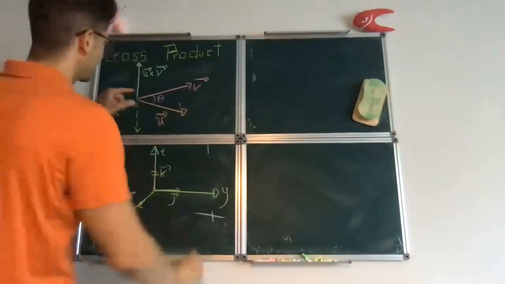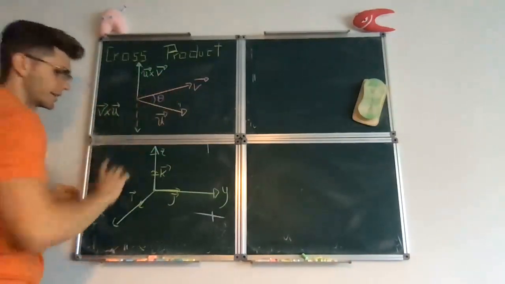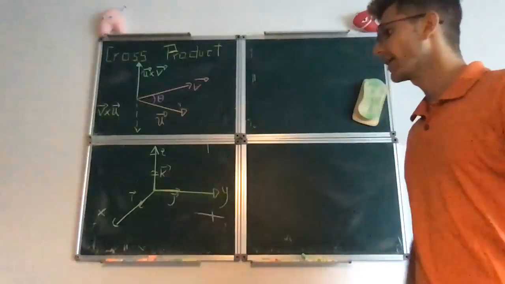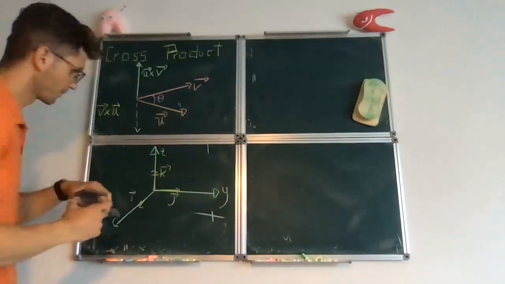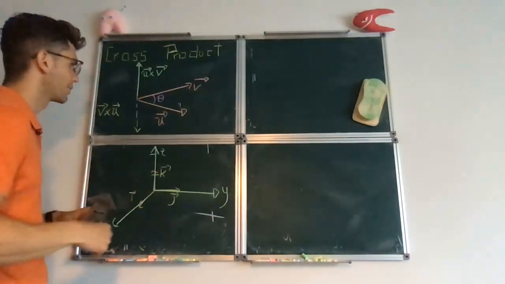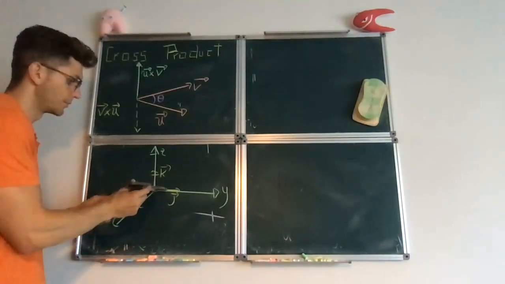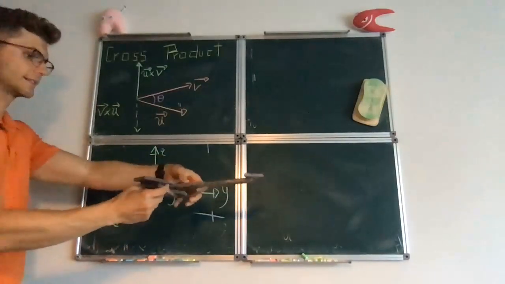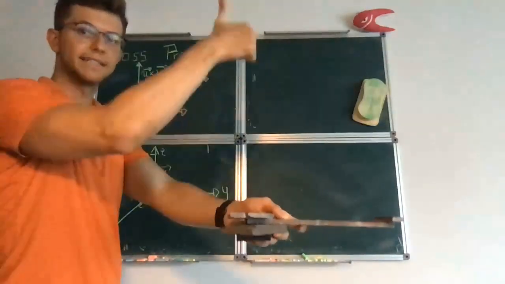Now I didn't erase this from last time because the point of the cross product is that it will be a vector which is perpendicular to two given vectors, right? And so the reason why we label x, y, and z in this particular order is that if you think of i as a vector pointing towards you and j as a vector pointing along the y-axis like this, then when we do i cross j, we get the z-axis.